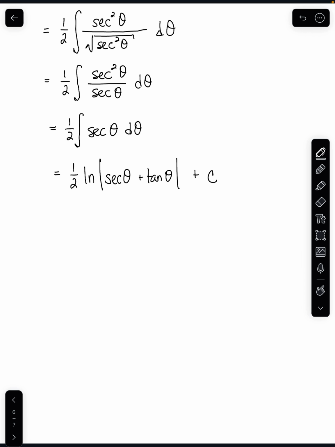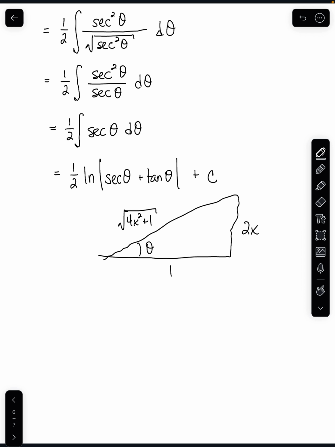Once again, now that we have finished integrating, we do need to return to the original variable. Once again, the triangle will assist us in this. Our opposite side is length 2x, our adjacent side is length 1, and our hypotenuse is length square root of 4x squared plus 1.